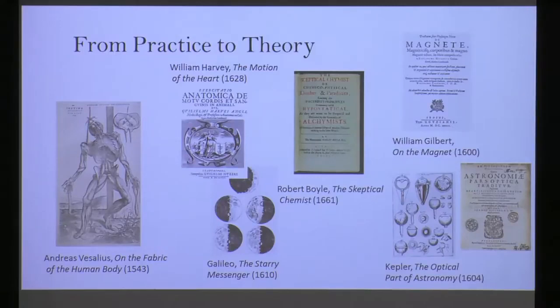You have strings and you have motors, but you don't have something like a heart. Even Descartes didn't believe the heart pumped in the way that it did. He thought it was more like an engine. So very, very fundamental. The title of this book is The Anatomy of the Motion of the Heart and of the Blood in Animals.